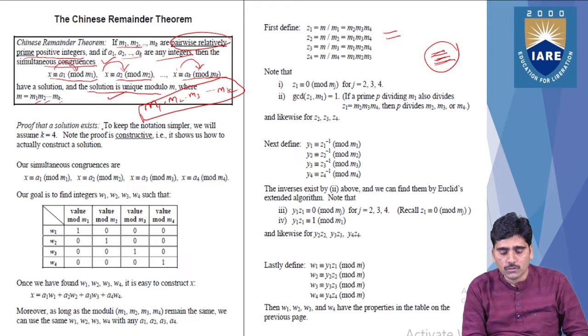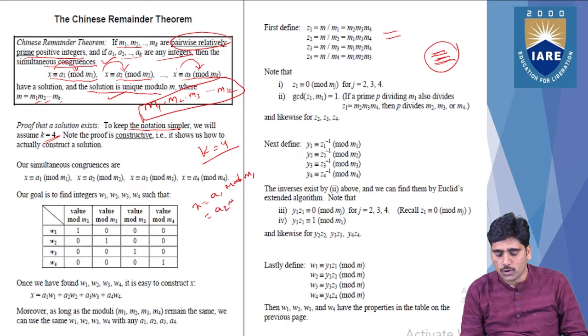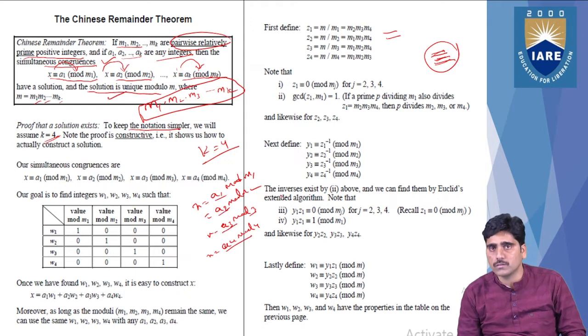Proof that the solution exists. To keep the notation simpler, we will assume k equals 4. So k equals 4 means you can write x congruent to A1 mod M1, x congruent to A2 mod M2, x congruent to A3 mod M3, x congruent to A4 mod M4, with 4 positive integers.